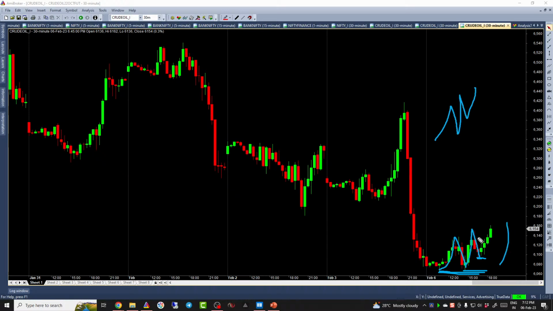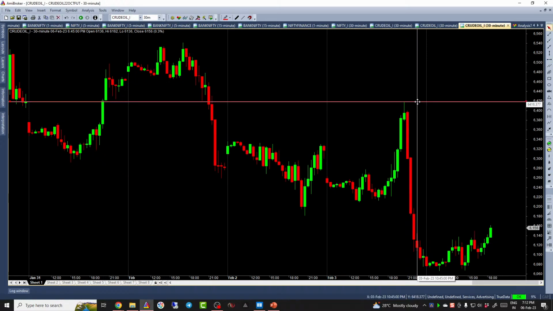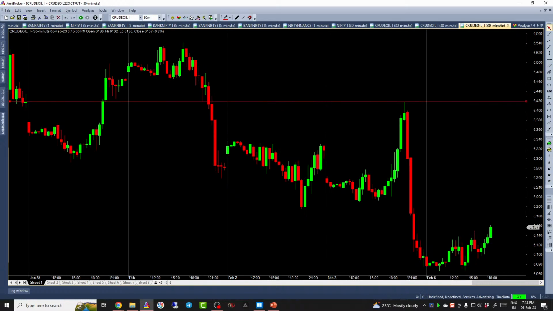With respect to this context, to get a complete primary trend reversal, which high has to break? This high, the last major high, from where we saw the major selling, roughly 6419. That level has to be broken to change the primary trend.